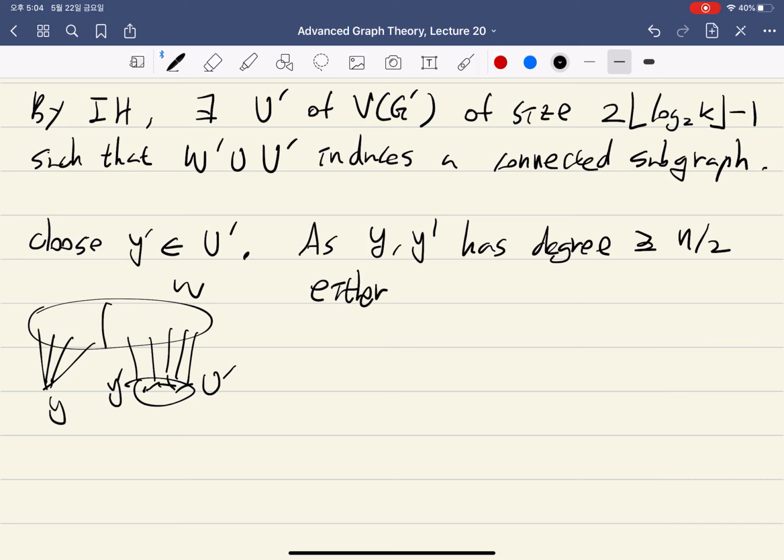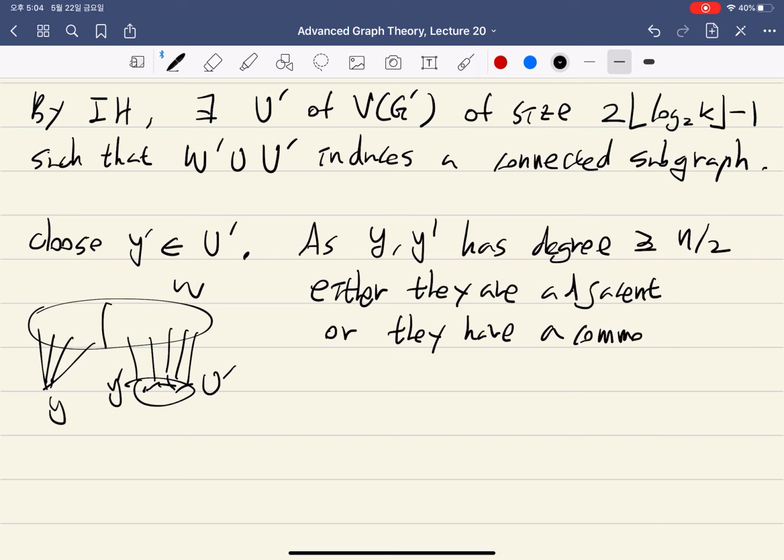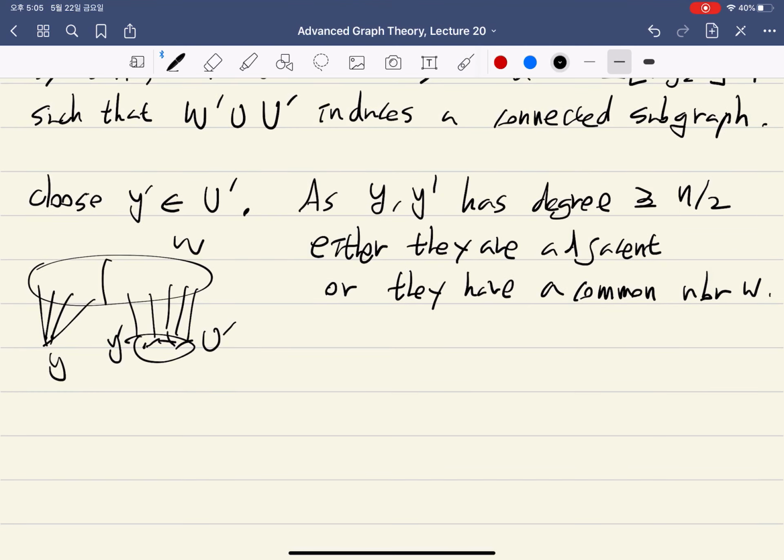So either they are adjacent, or they have a common neighbor W. Then we let U be U prime union with W and Y. Then this forms a desired set.